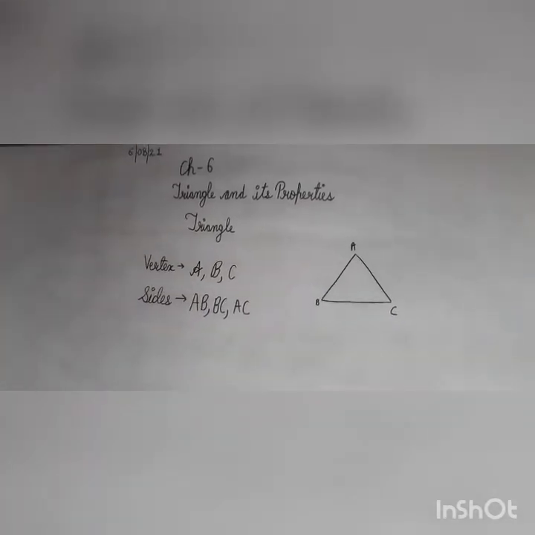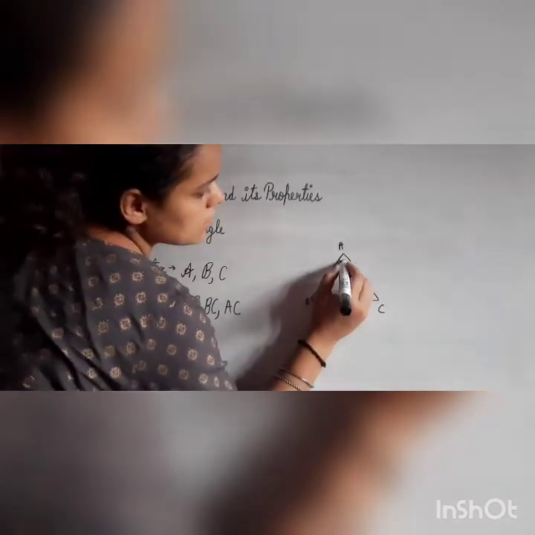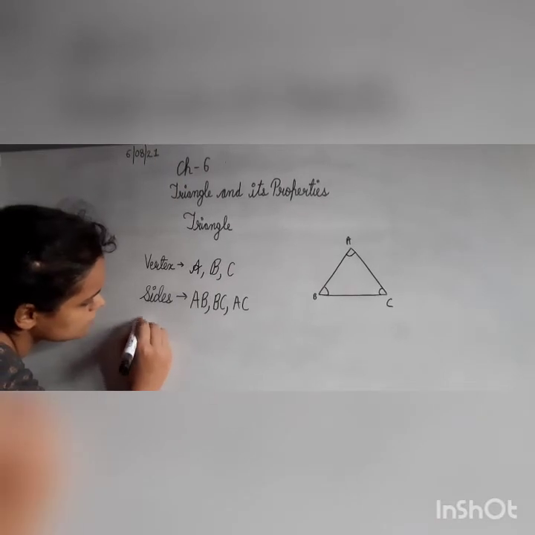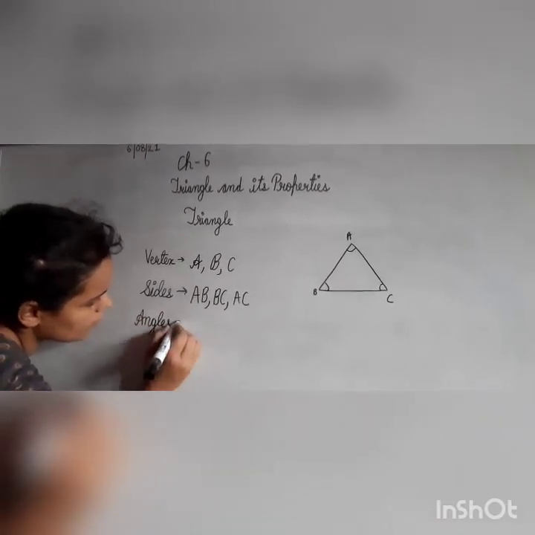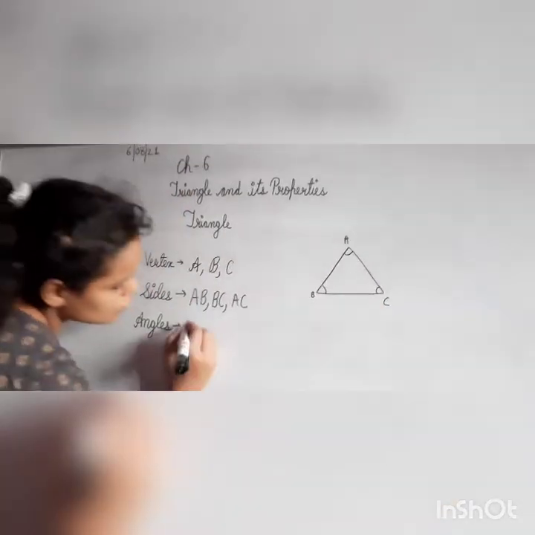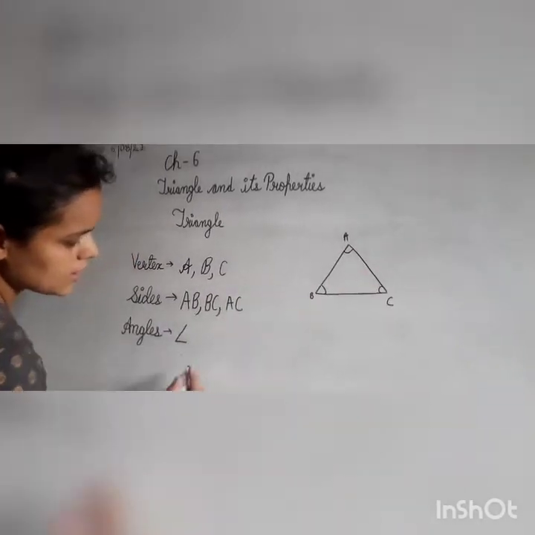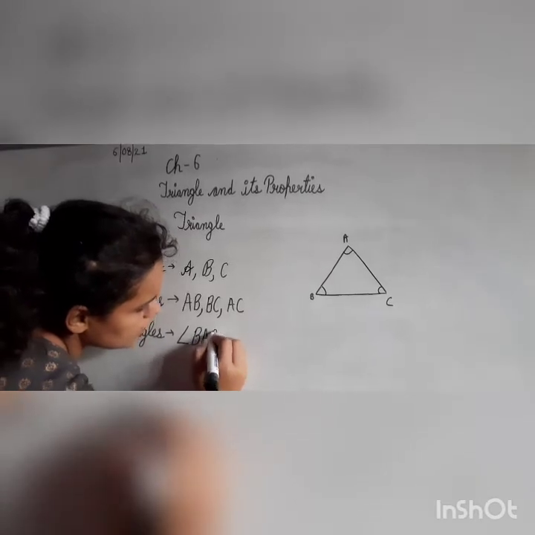Now a triangle has 3 angles. Now we will discuss angles. You know this is angle A, angle B and angle C. So how will you write it? Angle BAC.